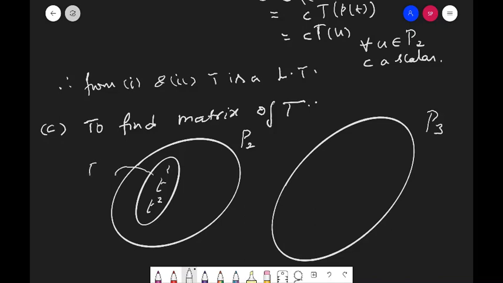P3 has the basis 1, t, t square, t cube, the standard basis.